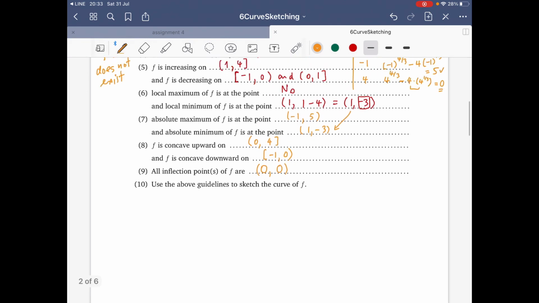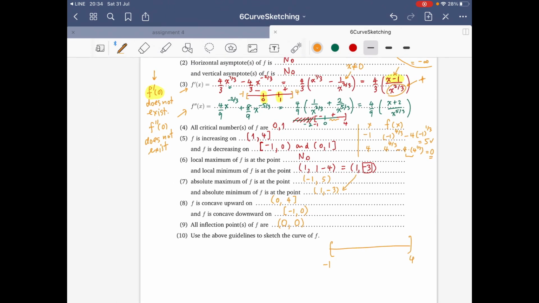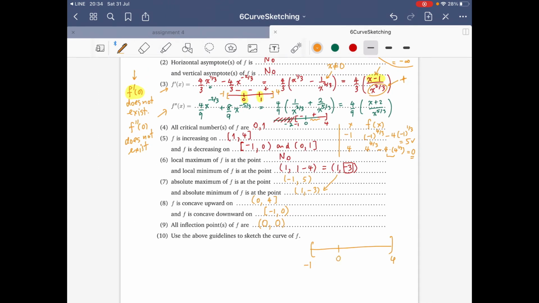So you are going to combine the whole thing together. Now it's from -1 to 4. The points under consideration are 0 and 1 here. If it is beyond 1, it is increasing and concave up.